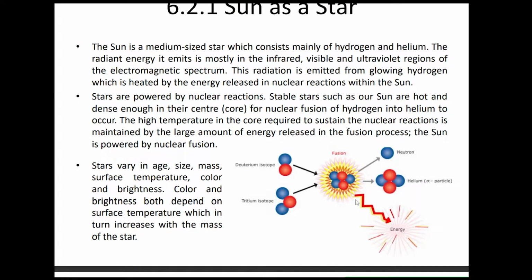What you need to understand and remember is what we did in the previous chapter when we were doing radioactivity: how stars are formed, at least how fusion takes place on the Sun. So this is what's happening on the Sun at all times.